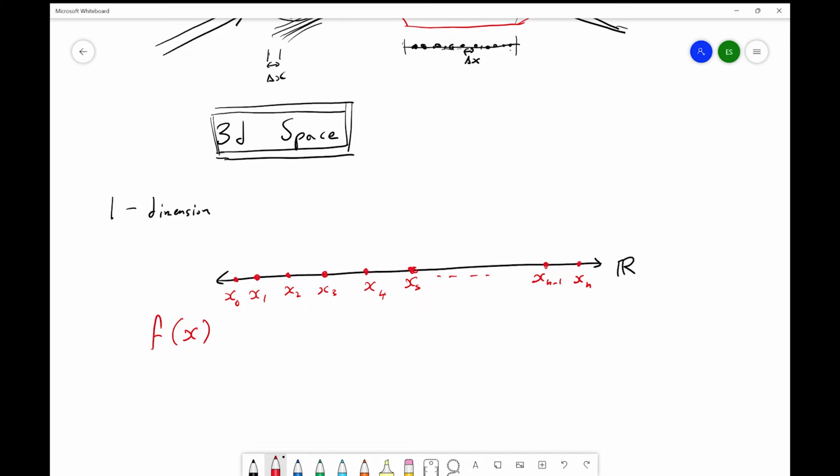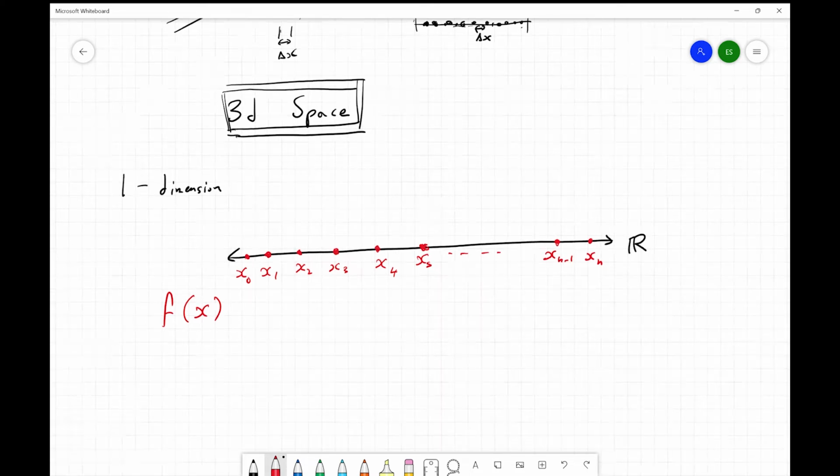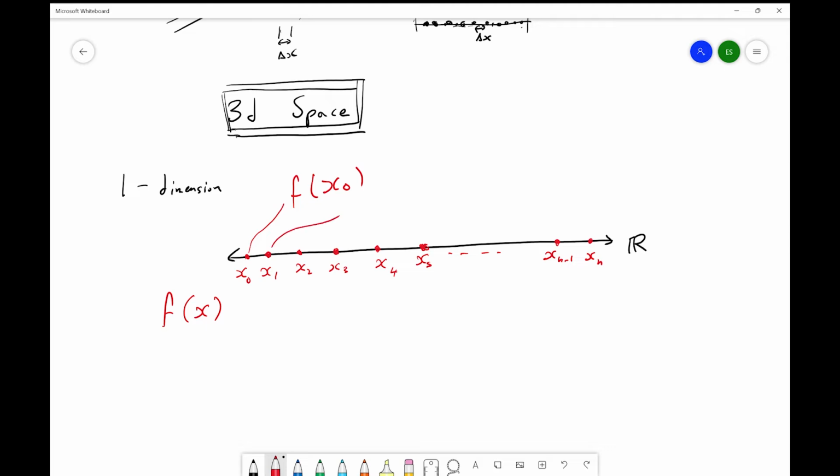So you take a sample of points on the real line. You start from a certain point and you end at a certain point. There's an operation you can define, which is essentially summing the function at those points. At each point, this function has a value, f(x0), f(x1), f(x2), f(x4), and so on and so forth.